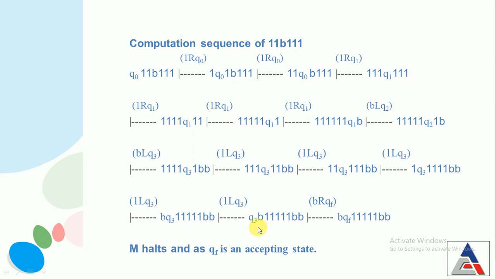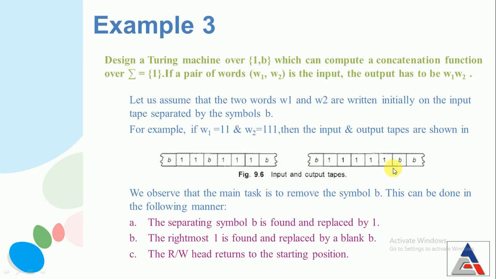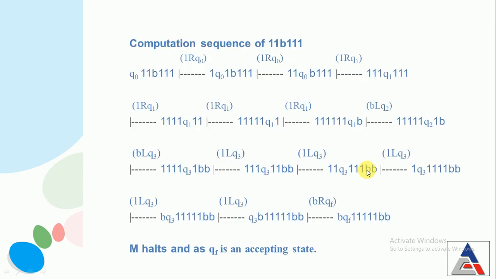Now Q3 upon processing this B enters the final state, that is QF. You can also suppose Q4. So this is the output which we needed, that is 3 B's and 5 consecutive ones. It means the entire string is accepted by this Turing machine.